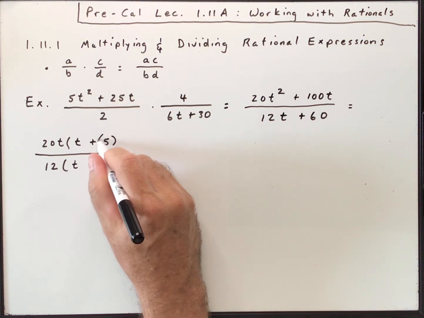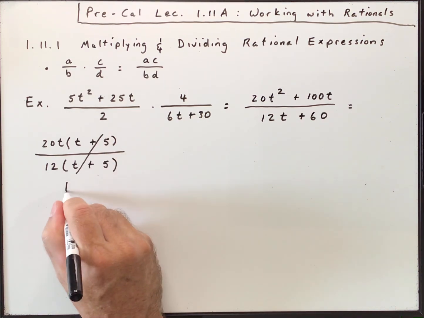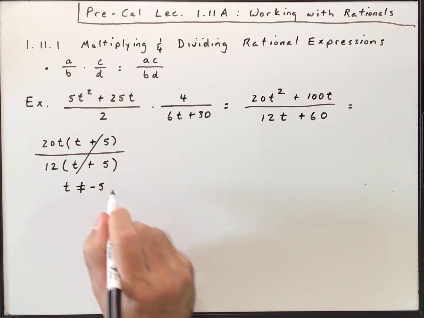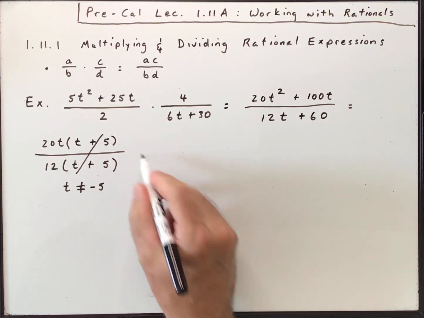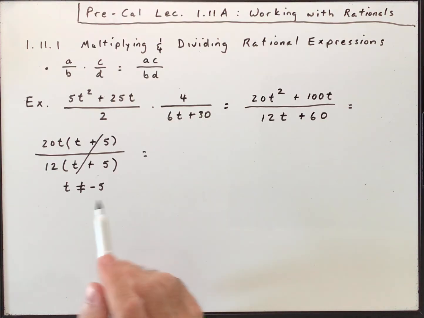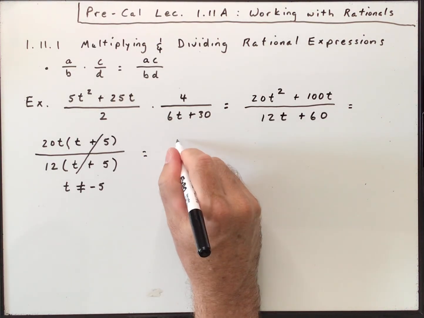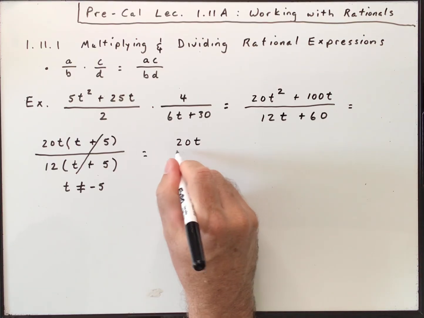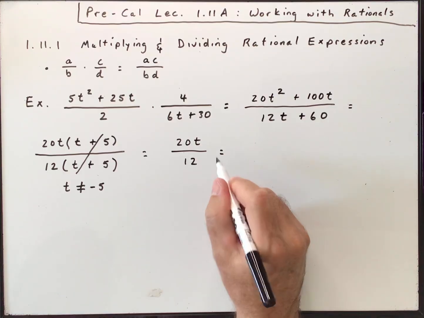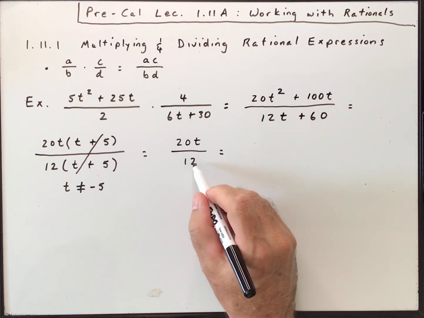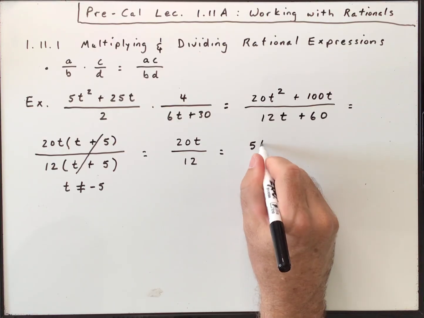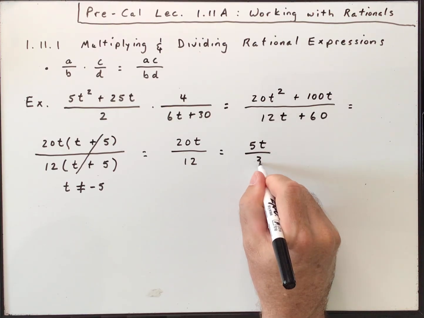So now we can cross out the t plus 5 as long as t does not equal negative 5. You do have to put that proviso in, because if t is negative 5, then this is an undefined expression. So we are left with 20t over 12, and then that will reduce down to, let's see, 4 would go into both of those terms. So how about 5t over 3?